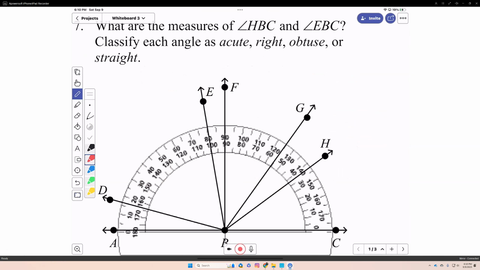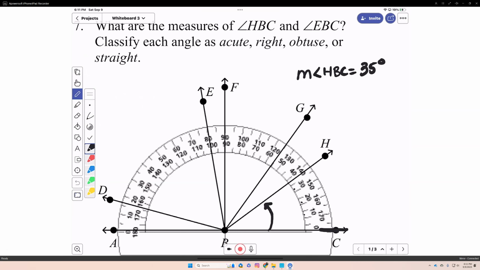What are the measures of angle HBC? So I'm going to write down the measurement of angle HBC, and we know that it starts right here, which is 0, and it goes all the way to here, and it's 10, 20, 30, 35.